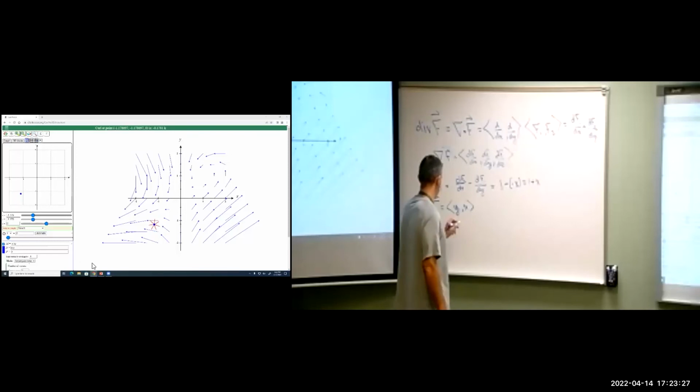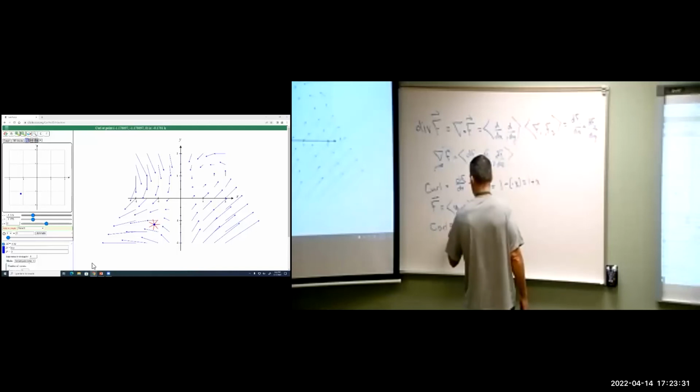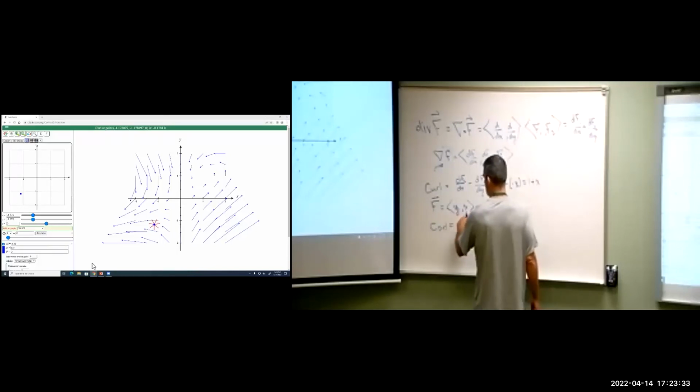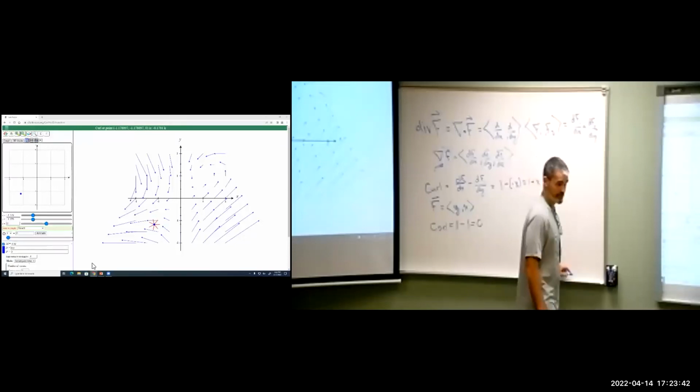If we calculate its curl, well, dF2/dx is going to be 1 minus dF1/dy, which is 1. This has a curl of 0 everywhere. That's its general curl. All right, well, let's see.